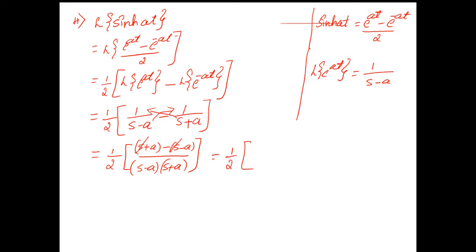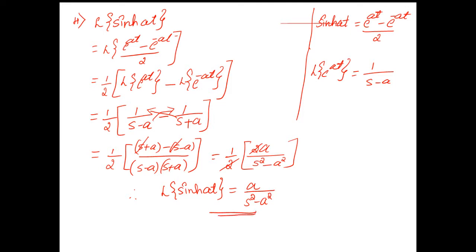So a minus of minus a, that is 2a, remains in the numerator, and the remaining denominator is in the form (a plus b) into (a minus b), that is a square minus b square, that is s square minus a square, and 2 gets cancelled. Therefore, the Laplace transform of sinh at is a divided by s square minus a square.